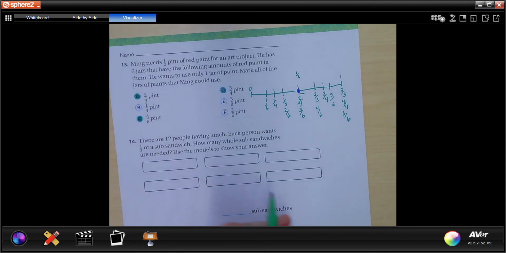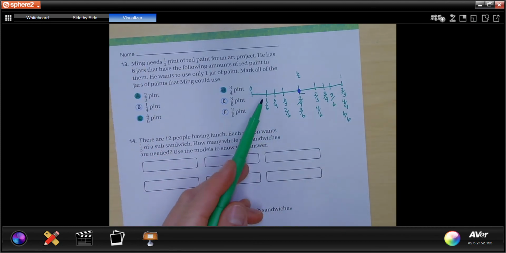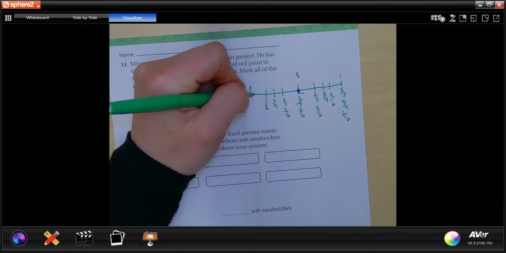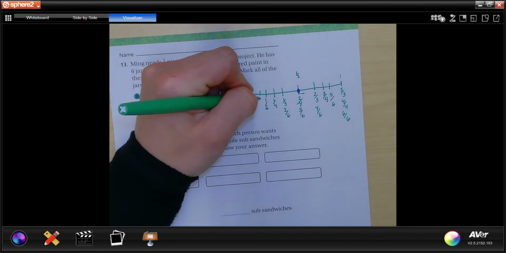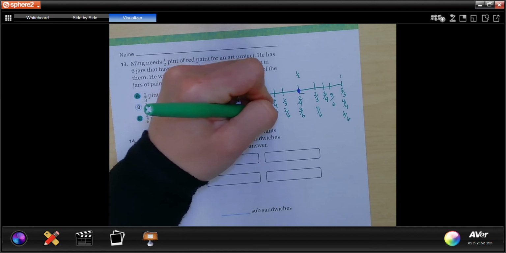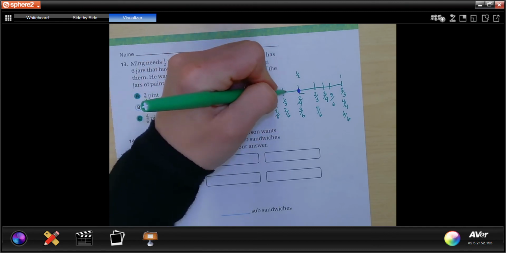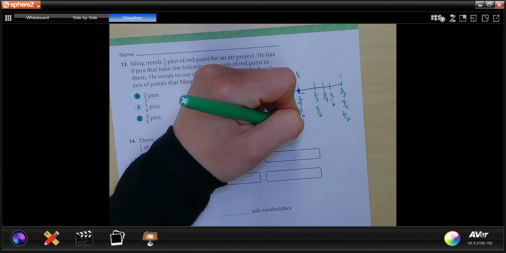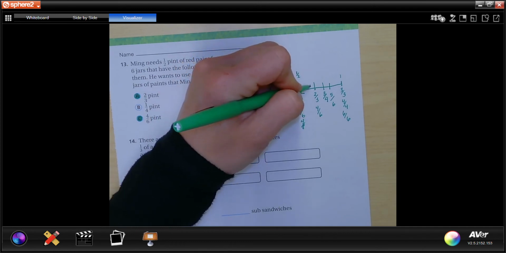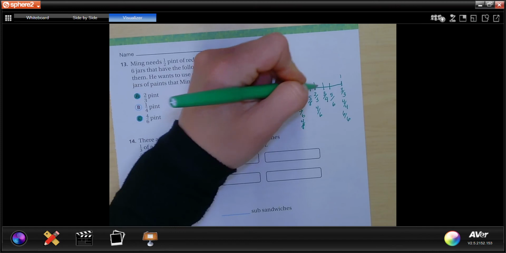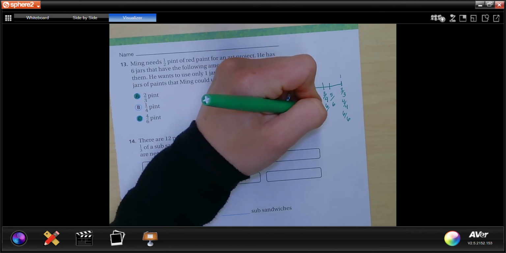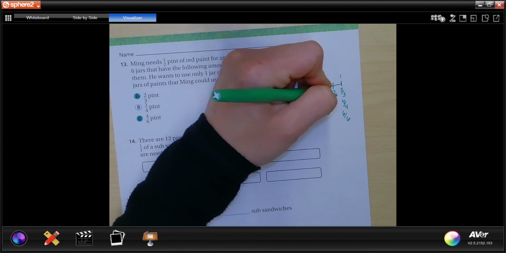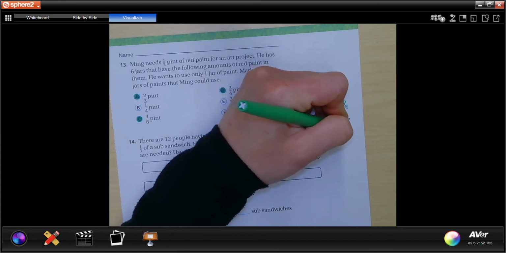Oh, we also have eighths. Okay, so we have eighths. So 1/8, 2/8, 3/8, 4/8, 5/8, 6/8, 7/8, and 8/8.